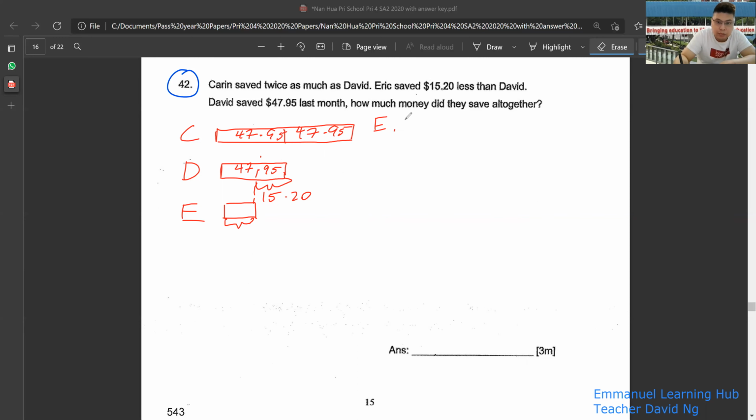Eric saved $15.20. No. Eric saved $15.20 less than David. So Eric saved how much? Find David first, then minus 15? No, David is given. Do you notice David is given?